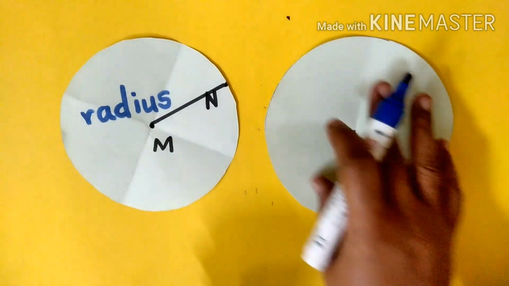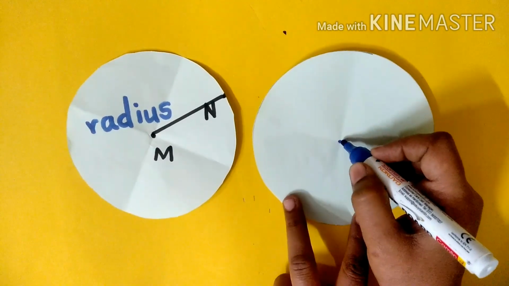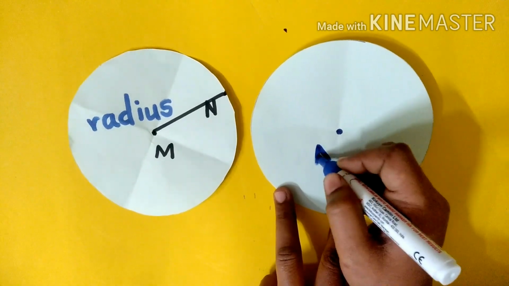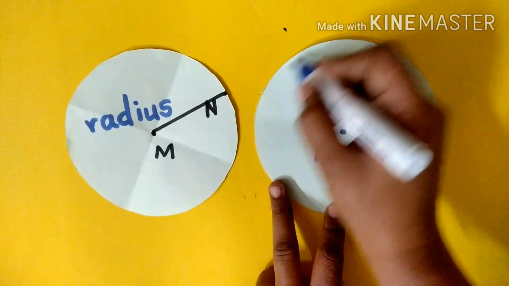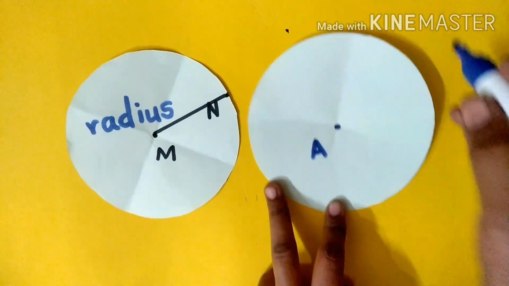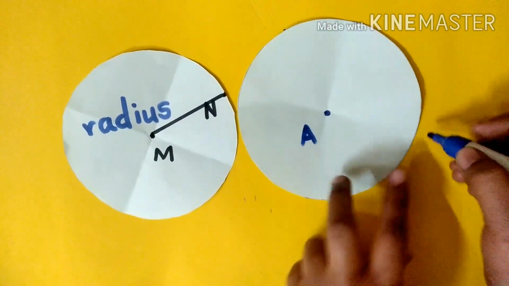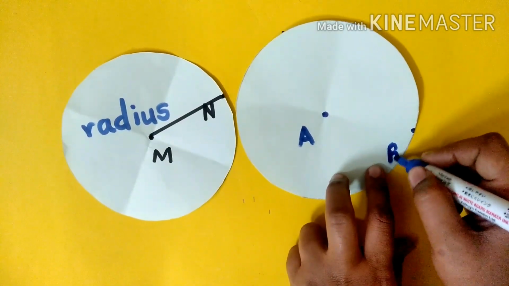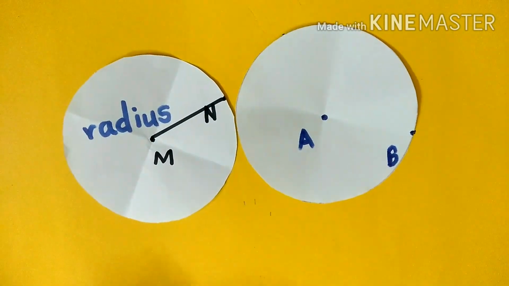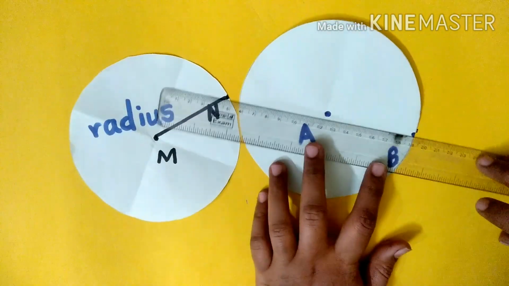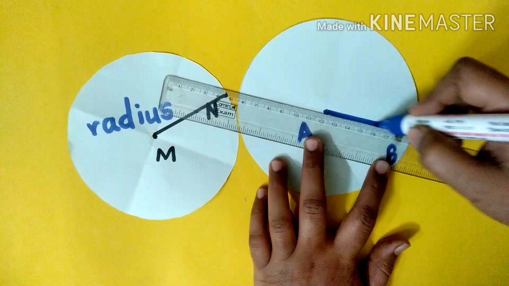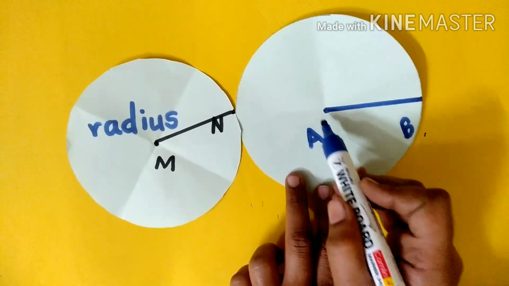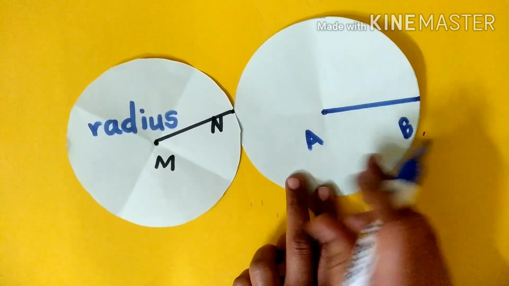We will take another circular shape. This is the center of the circle. The name of the center is point A. And at the edge of the circle, I will take any point at any place. Here, this point, I name it B. And I join these both points with the ruler. So AB is the radius of the circle.